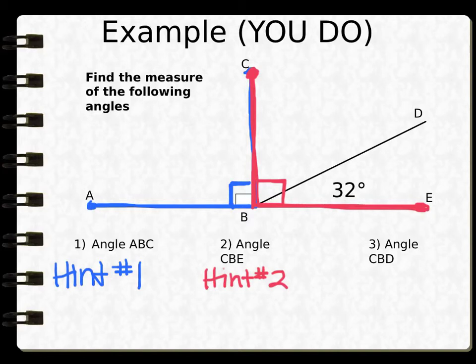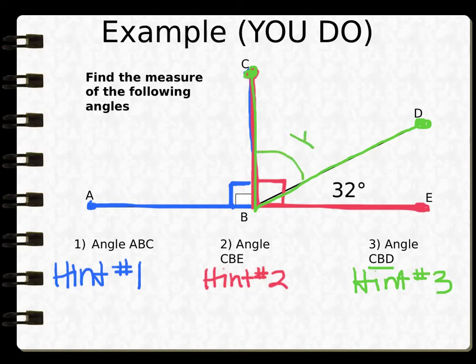Pause the video, keep going, hit play if you need hint 3. Ready, pause. Hint number 3 asks you to find angle CBD, which is this green angle right here. Now you need to set up an equation labeling this angle X, and 2 angles, X plus something else, is going to equal 90 degrees. Pause the video, finish solving, and hit play when you're done.